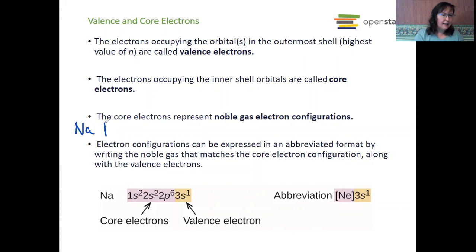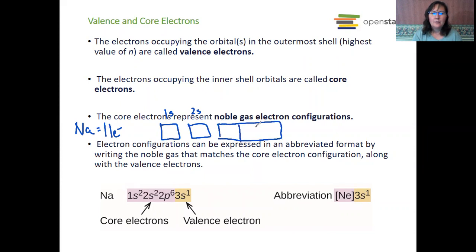Sodium has 11 electrons. Let me go ahead and draw those boxes here: 1s, 2s, 2p, and 3s.